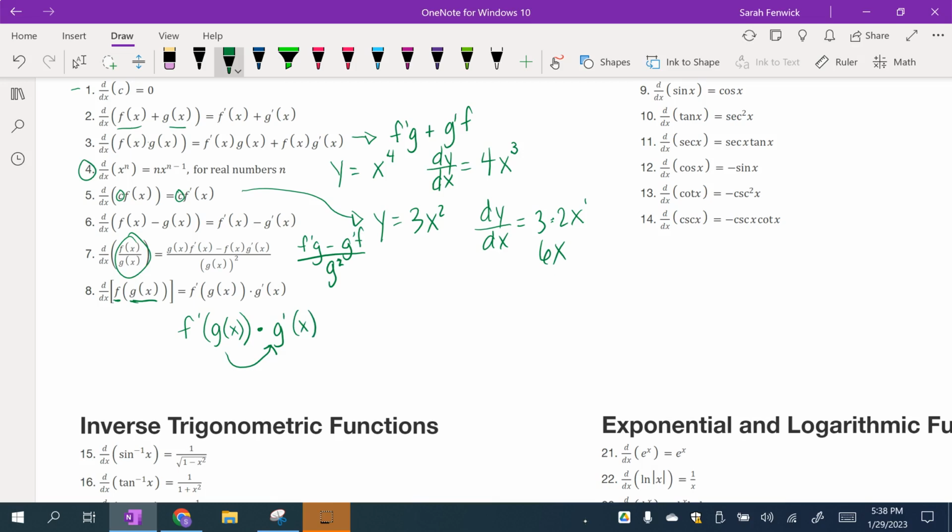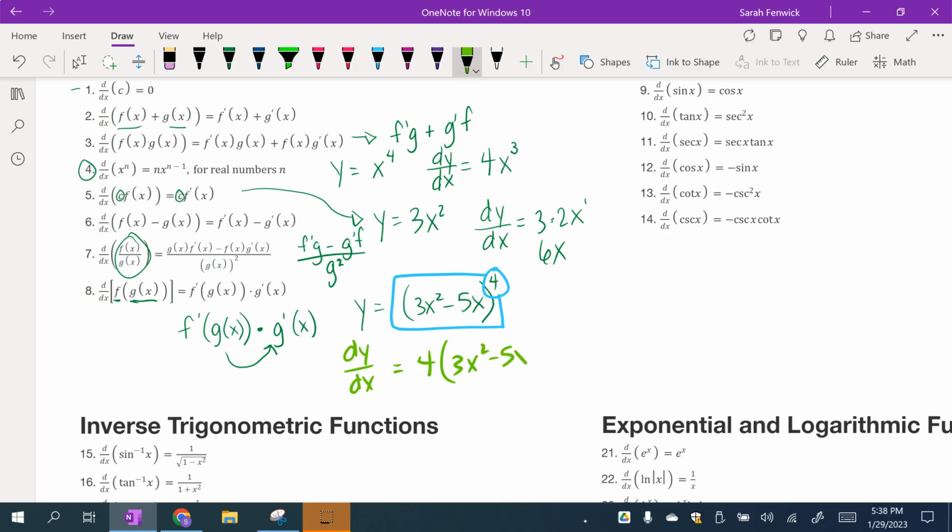So that would be if, for example, I had y equals parentheses 3x squared minus 5x parentheses to the 4th power. Then the 4th power is my outside function, and the 3x squared minus 5x is the inside. So dy dx equals 4 parentheses 3x squared minus 5x, because I didn't change that inside function yet.